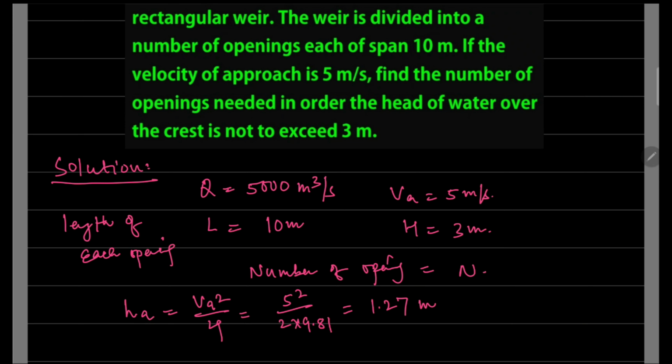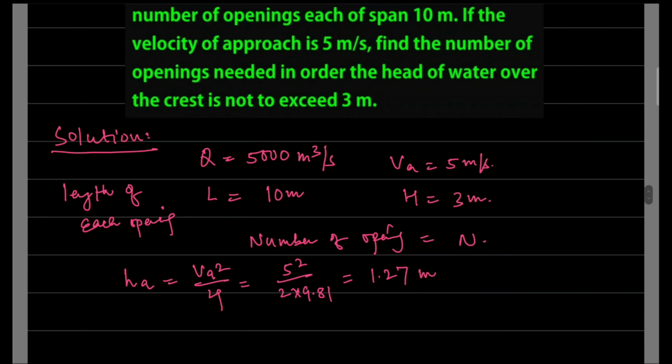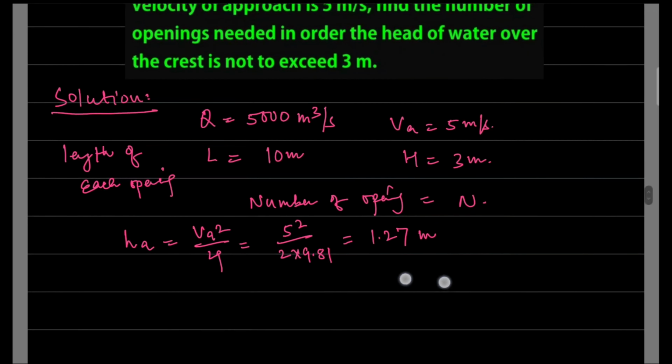Now there is an important point that for each opening the number of end contractions is 2. So for this problem, the discharge for each opening, considering the velocity of approach, can be given by the Francis formula.